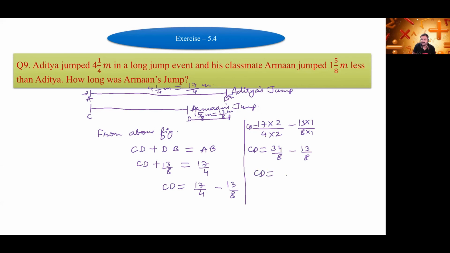CD will be 34 minus 13, what will it come? 21 upon 8. 21 upon 8 meter is the jump of Arman.